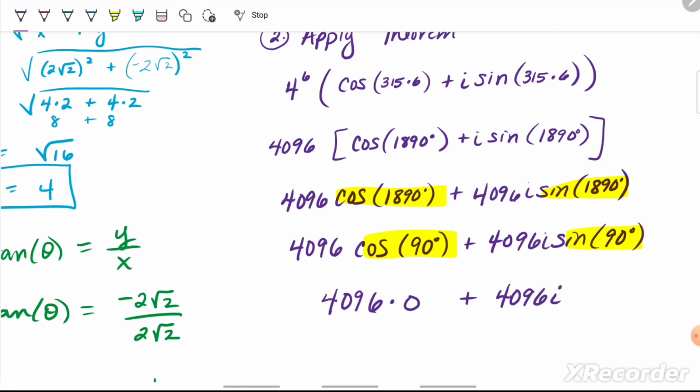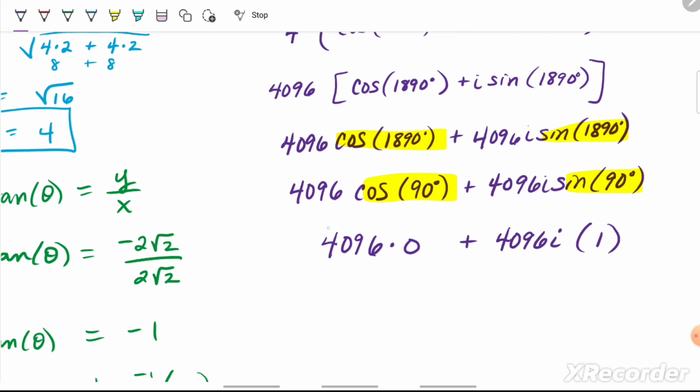And then sine of 90 degrees is 1. So 4,096 times 0 is just 0. And then 4,096i times 1, we get a final answer of 4,096i.